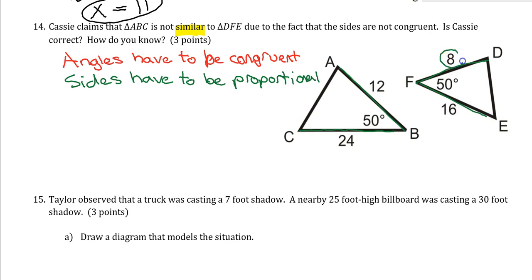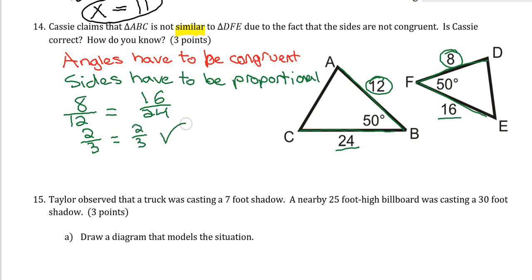So I'm going to do the small over the small. That's 8 over 12. And I'm going to do the larger over the larger. So 8 over 12 reduces to 2 out of 3. 16 over 24 reduces to 2 out of 3. That looks good.